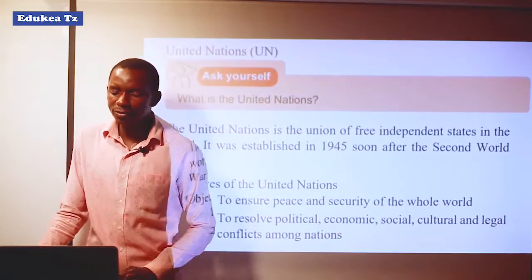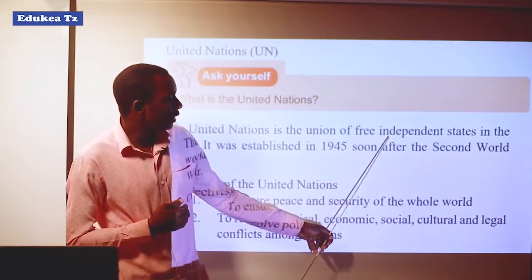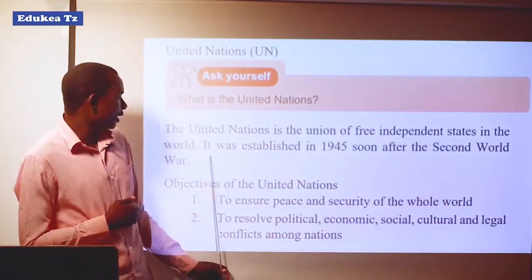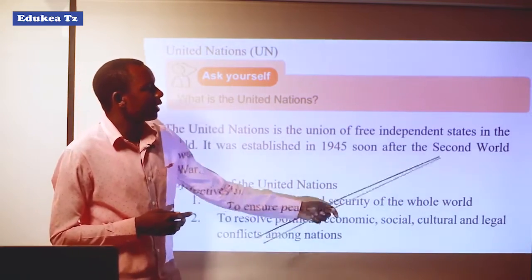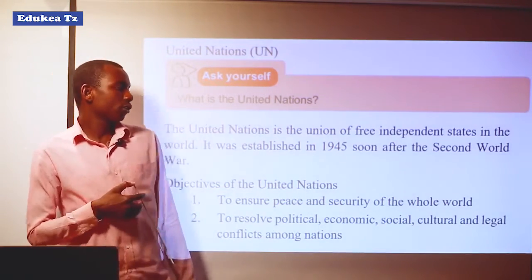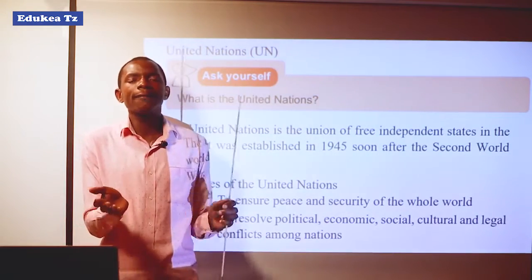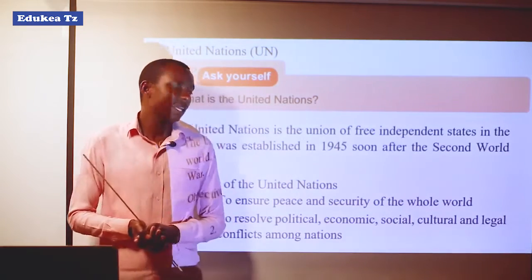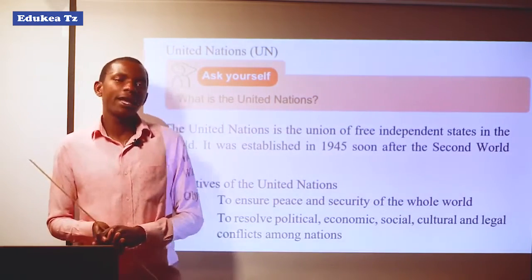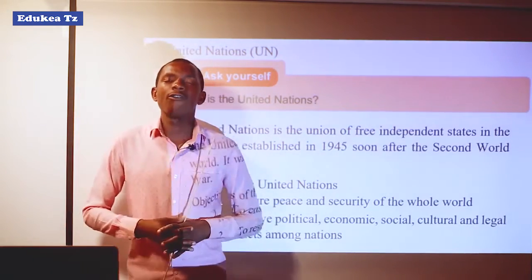Also another one is the United Nations. The United Nations is the union of free independent states in the world. It was established in 1945, soon after the Second World War. So this is another union which formed among the free nations, or all nations which attained independence.